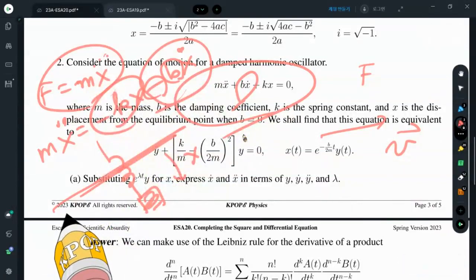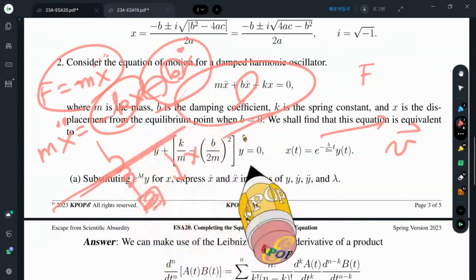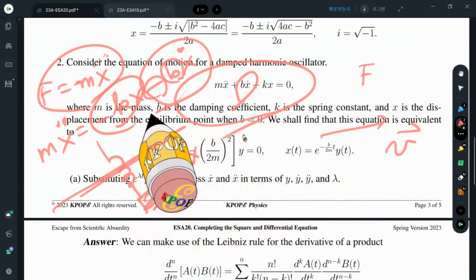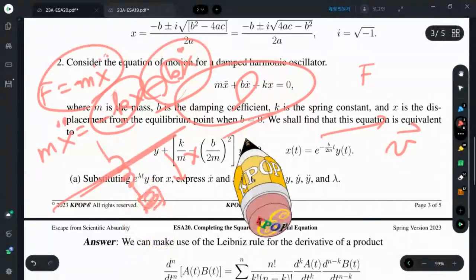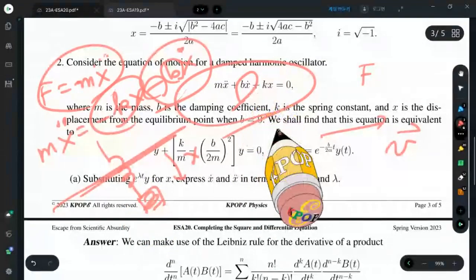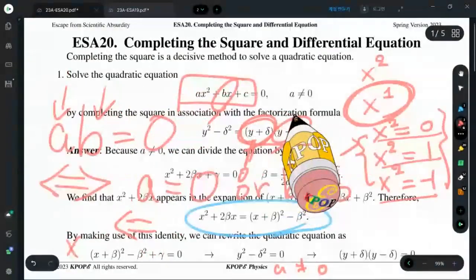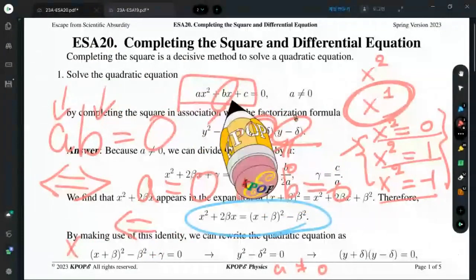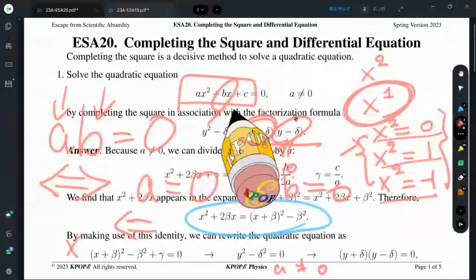But we know how to solve this kind of simple differential equation, because we know how to solve for the simple harmonic oscillator. In most cases, they don't tell you in detail about removing this term, but you already know very well about completing the square to remove the first order term.